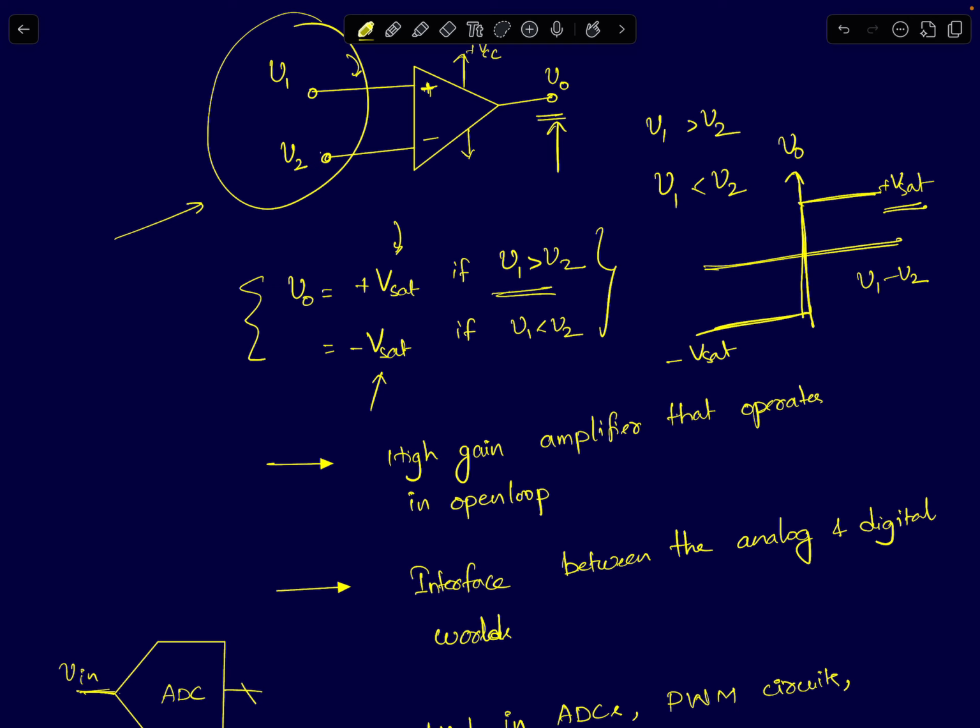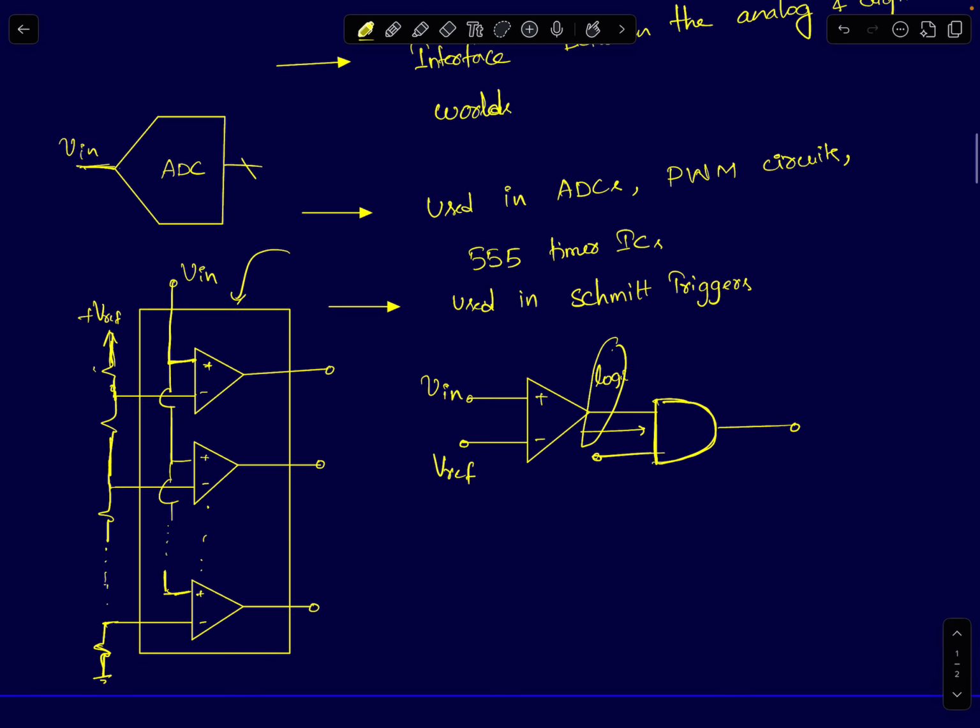Because the output of a comparator is a binary signal, it takes only two voltage levels. They can be used to drive digital circuits directly, provided you ensure that there is voltage level compatibility. So what do I mean by that? The logic high and logic low levels of this inverter, of this digital circuit, should match the logic high and logic low levels of the comparator.